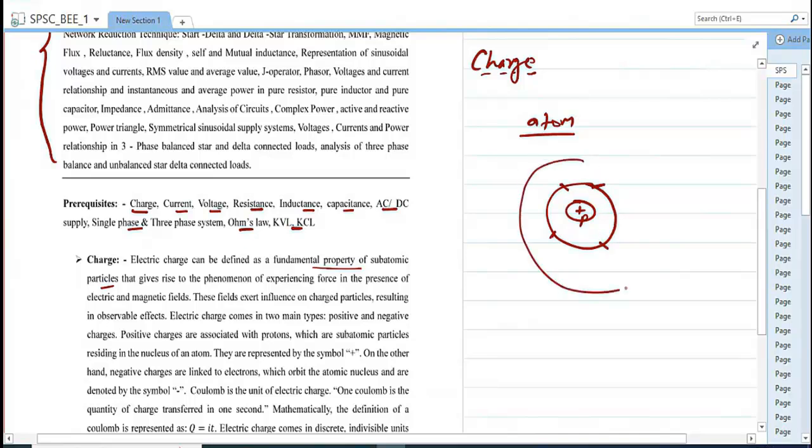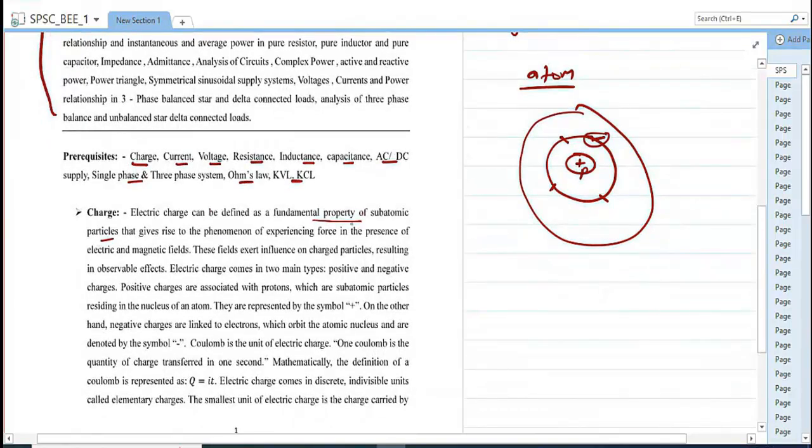This structure is known as the atomic structure of any material. So these are the negatively charged, and this is the positively charged. So what is electron? Electron is the fundamental property of a subatomic particle that gives rise to the phenomena of experiencing force in the presence of an electric or magnetic field.